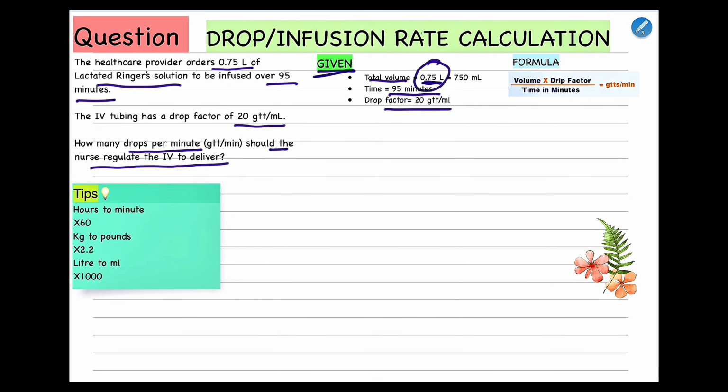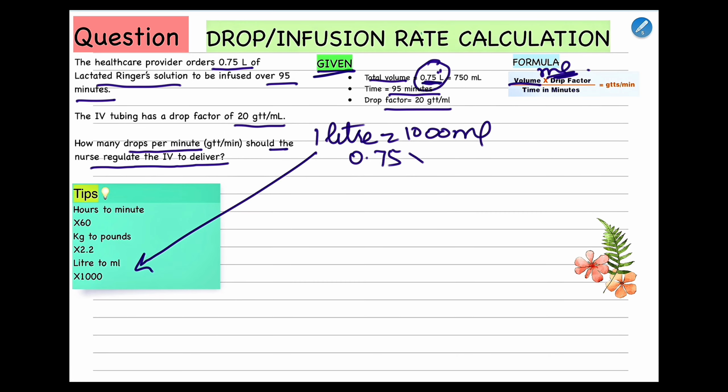Our volume is in liters, but as per the formula, the volume should be in ml. So how do we convert liters into ml? We know that 1 liter is equal to 1000 ml. So 0.75 liter is 0.75 into 1000, which is 750 ml. So now we know our volume in ml is 750 ml. The time is already in minutes, which is 95 minutes, and the drop factor is 20 gutte per ml.